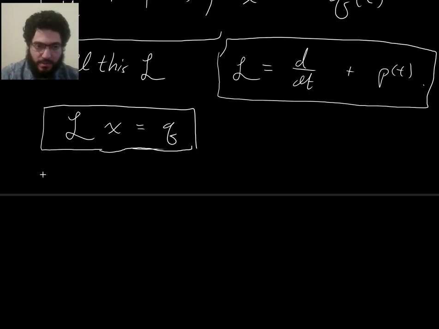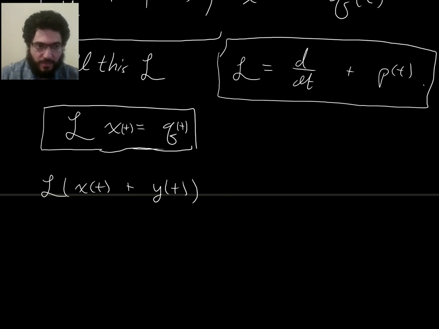So if I'm going to apply it to a sum of vectors, I need to apply it to a sum of functions, like maybe x of t and y of t, something like that, two functions of t. So that's what L applies to. Here I'm leaving out the of t, but I could put it there.